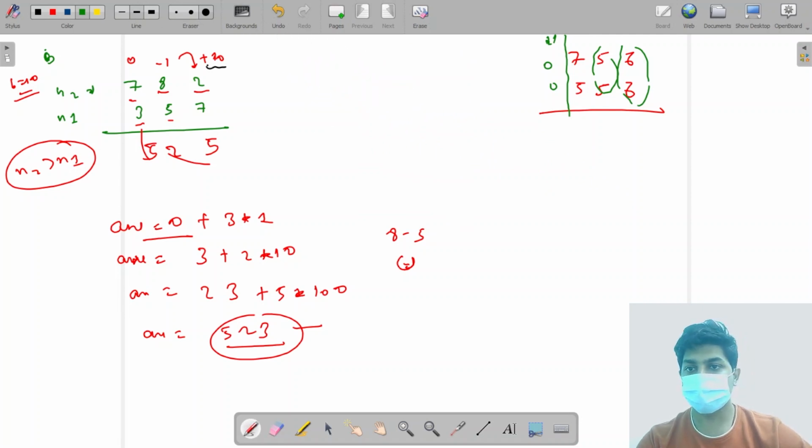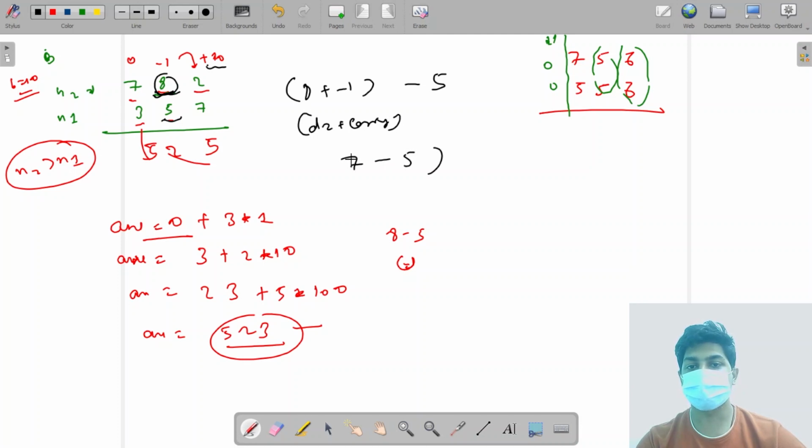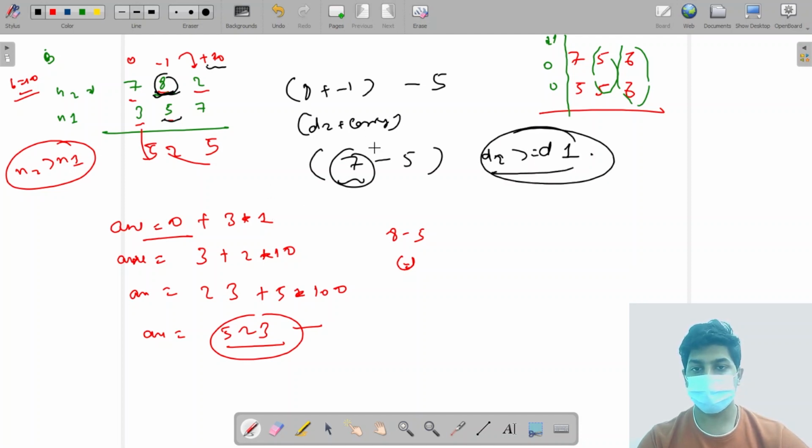Okay, now what are we doing at each step? Suppose here, what we were doing in this particular case, we were doing 8 plus carry minus 1, minus 5, that is digit 2 plus carry. We were checking if digit 2 plus carry is greater than or equal to digit 1, then we can simply perform the subtraction, and if it is not, then we will borrow a carry.